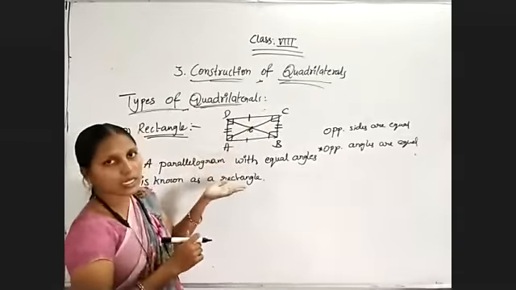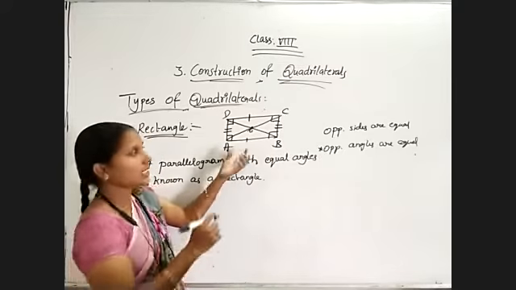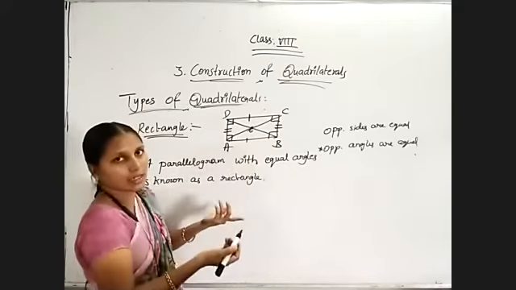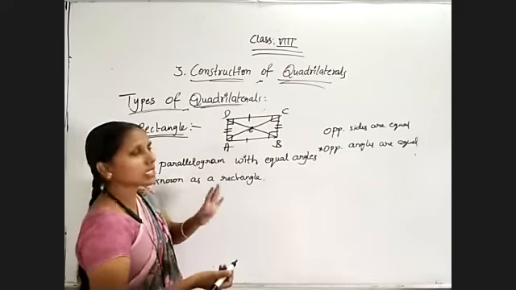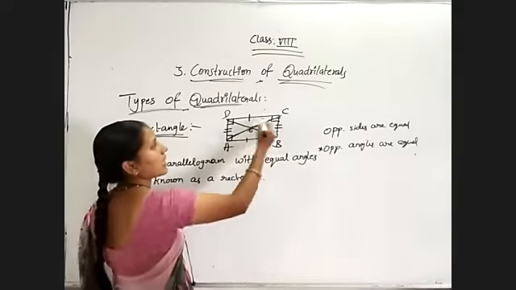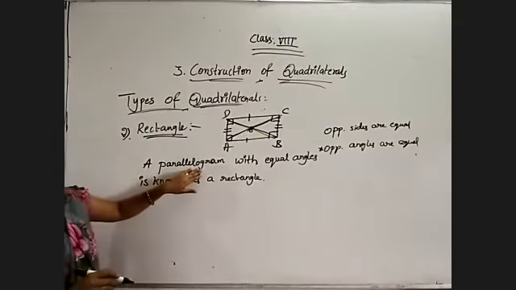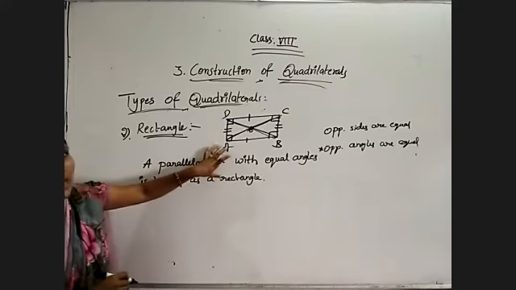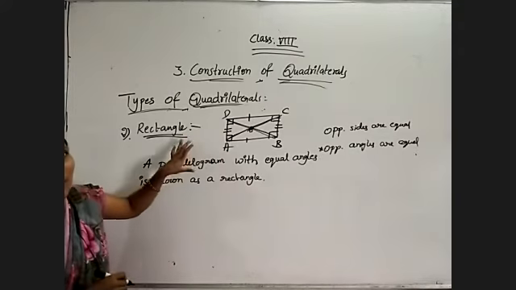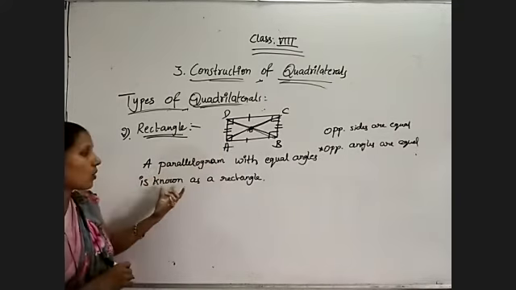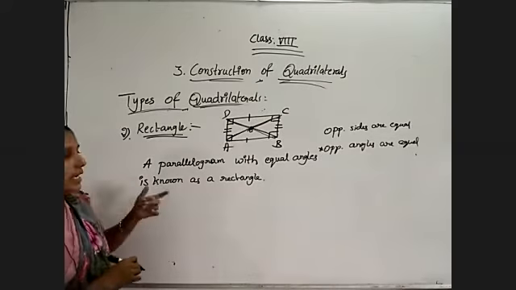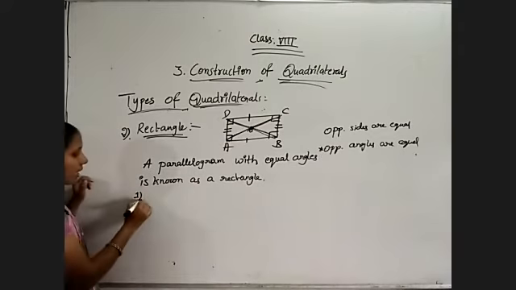And third condition, for a parallelogram, the sum of adjacent angles equals 180 degrees. 90 plus 90 is 180. And the fourth one, diagonals bisect each other. Yes, here diagonals are bisecting each other. So that's why a rectangle is a parallelogram. The only difference is angles. A parallelogram with equal angles is known as a rectangle.